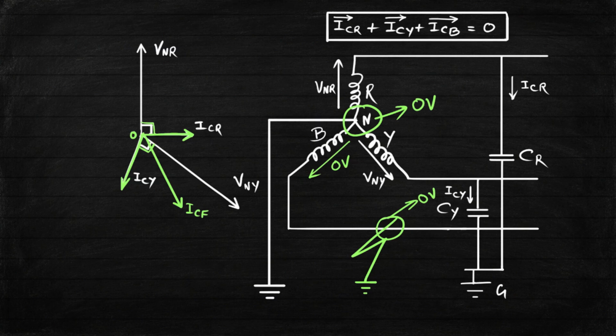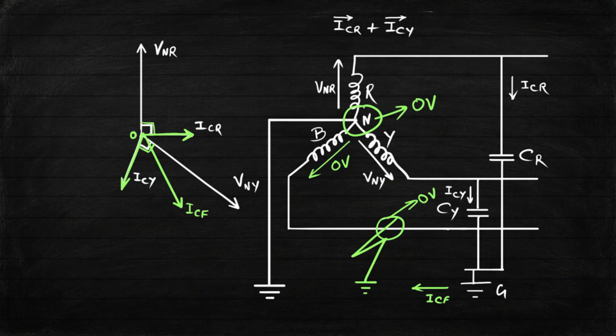Therefore, we can write ICR plus ICY equals ICF. This current, ICF, flows through the earth fault path towards the fault location. So up to this point, the fault current consists only of the resultant charging current contributed by the two healthy phases.